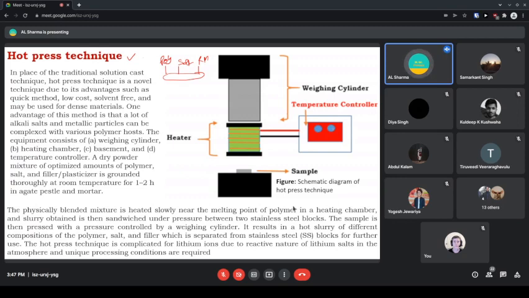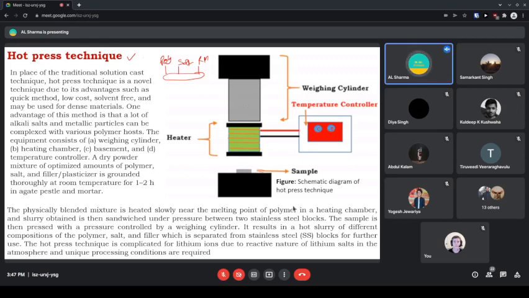So what you are doing, the complete solution you are going to put over these 2 points. Thereafter you cover it again, and after covering it you press it using the hydraulic press. The pressure you may give based on your requirements. For temperature control, the furnace is installed here itself.